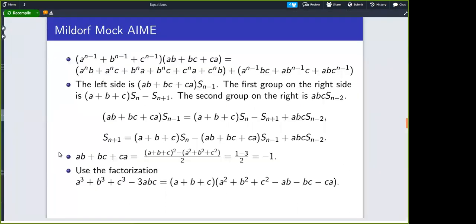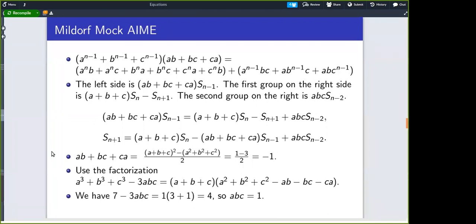The reason we're using it is because we're given a cubed plus b cubed plus c cubed, a plus b plus c, and a squared plus b squared plus c squared. So if we plug in what we know, we get 7 minus 3abc equals 4. So abc is just 1.